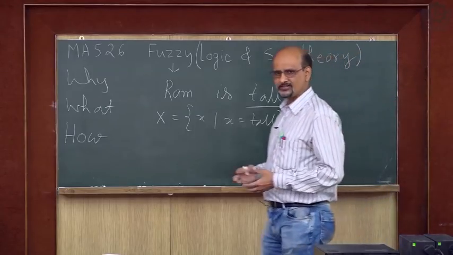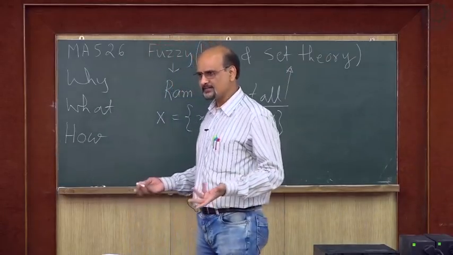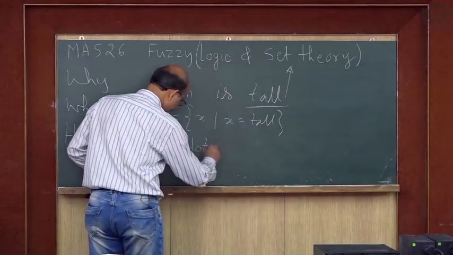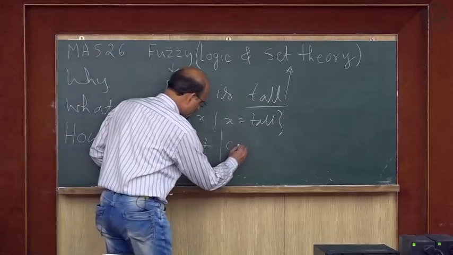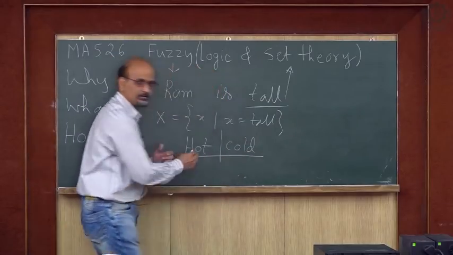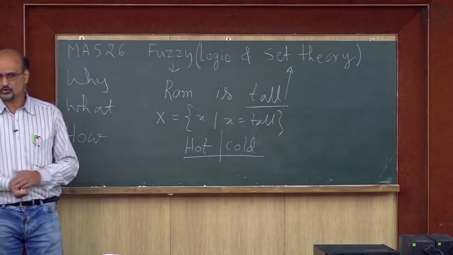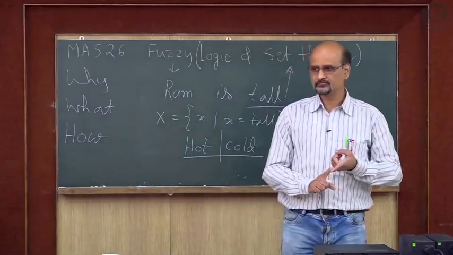Suppose I ask what is the weather today. One may say that this is hot, I can say this is hot. Somebody having suppose fever or something will say it is cold. Do you have any other answer? You do not have till now any other answer. You have either hot or cold.